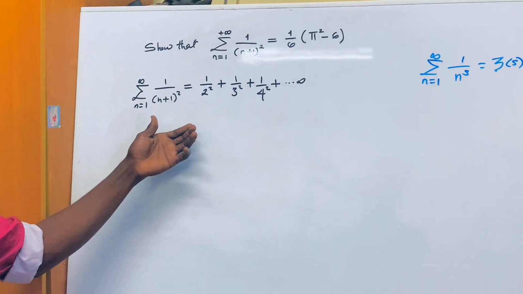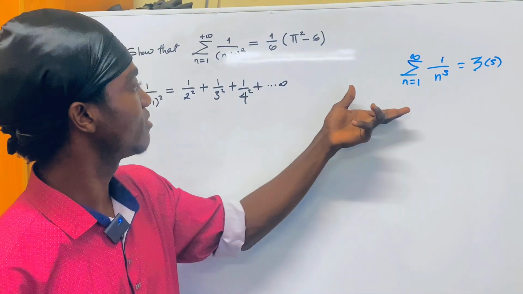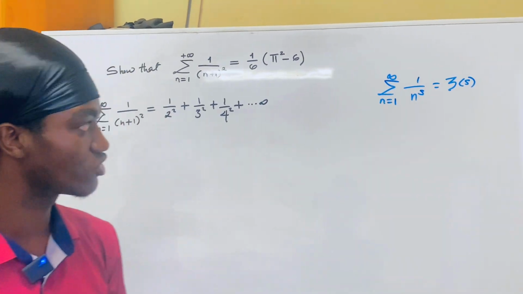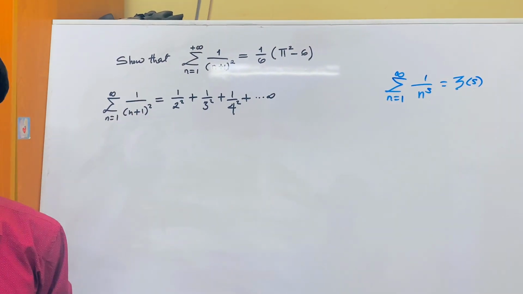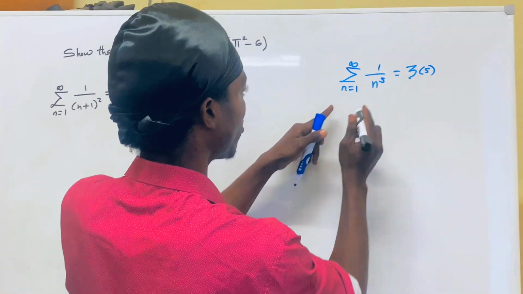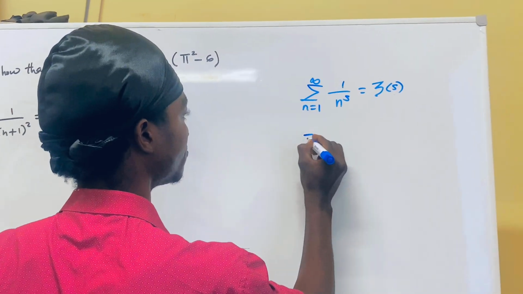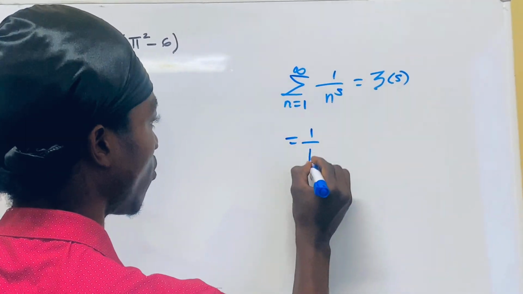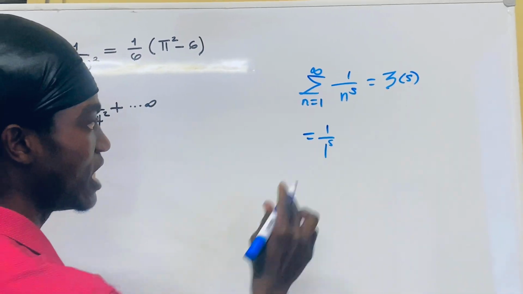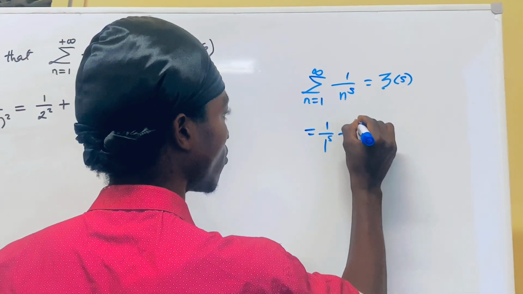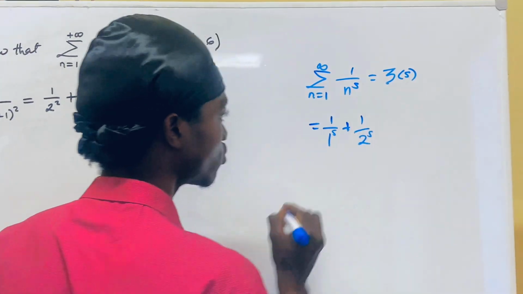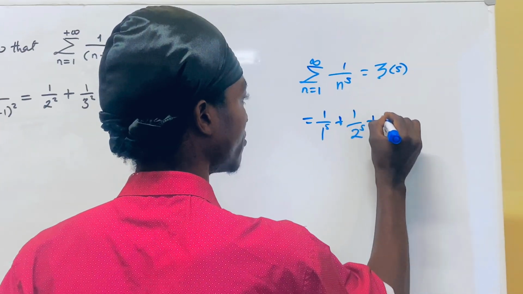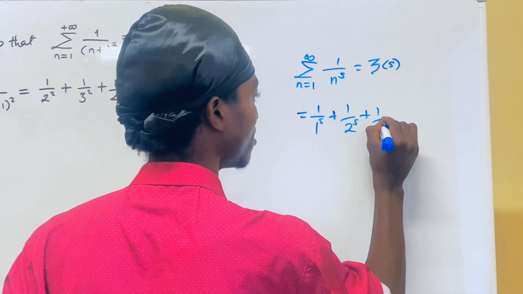So how can we get closer? How can we get to the Riemann zeta function? Now if we try to expand the Riemann zeta function, if we plug in 1, we'll have 1 over 1 to the s. If we plug in 2, we have 1 over 2 to the s. When we plug in 3, we have 1 over 3 to the s.